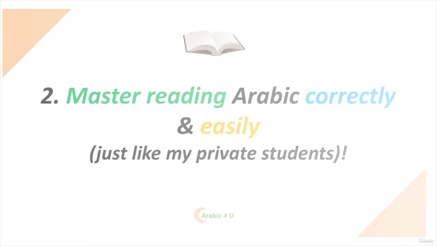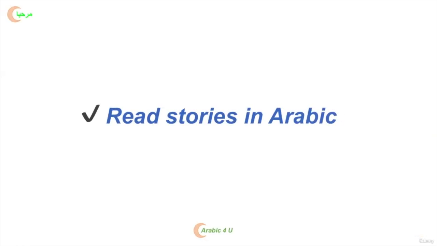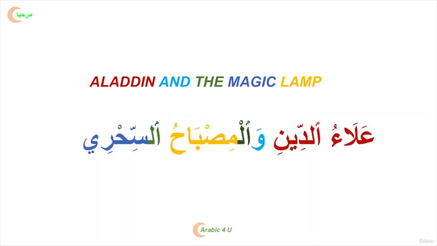So, for example, you are going to be able to read stories in Arabic. And one of those stories is, for example, Aladdin and the Magic Lamp. علاء الدين والمصباح السحري. And you will read the title on your own after finishing the course.